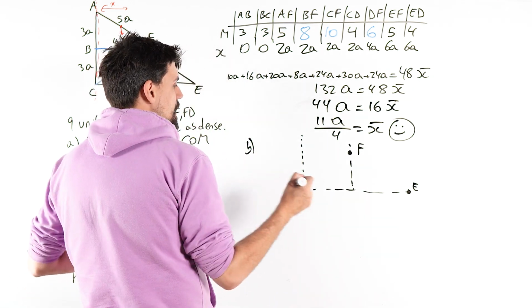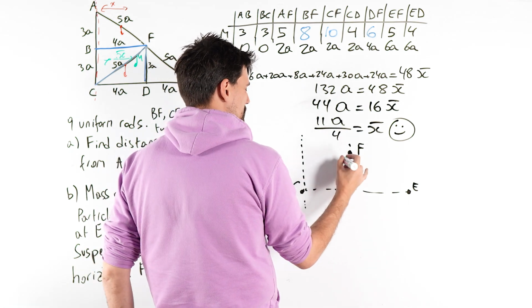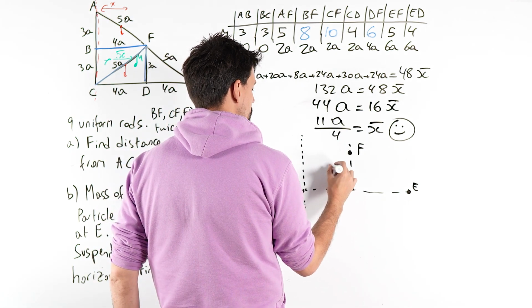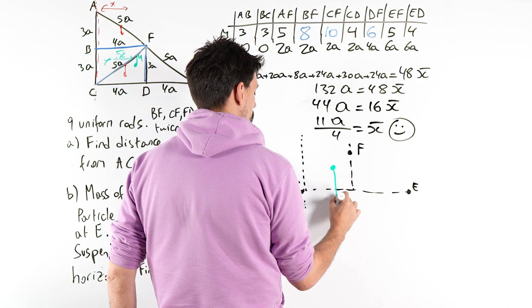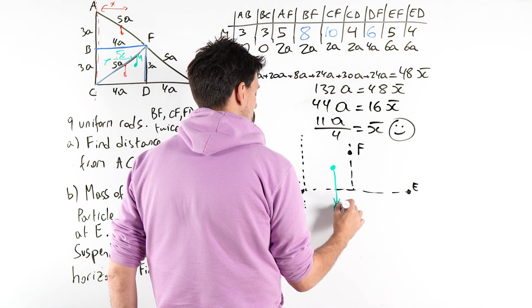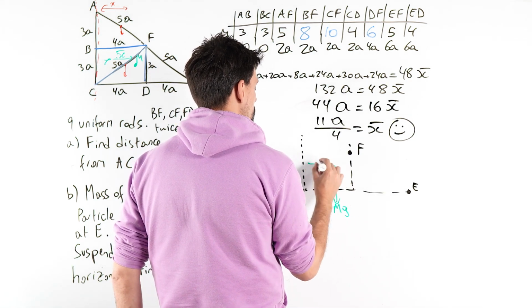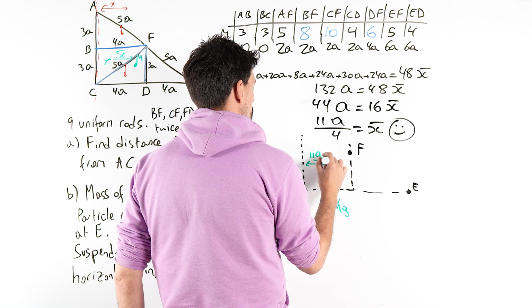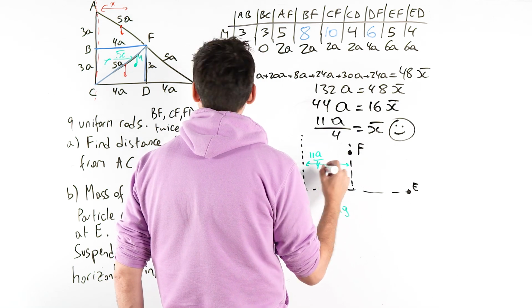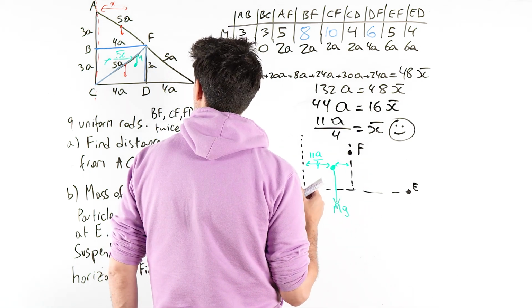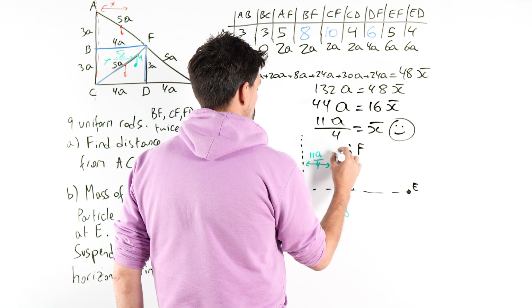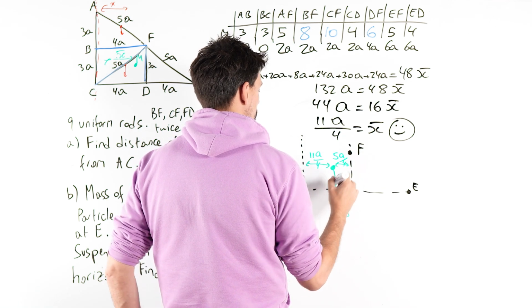I don't know what the y bar is, but I don't realistically care. So let's say it's somewhere there, and I've got Mg acting there, and I know that is 11a over 4 from AC. That does mean that I know that distance: that one there is 5a over 4.